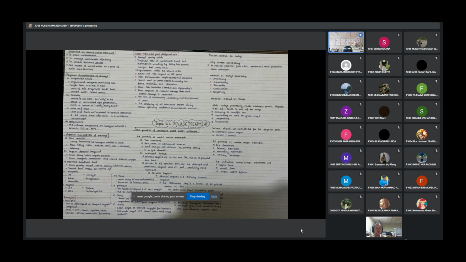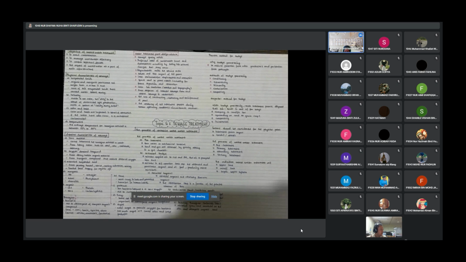And then kita akan jumpa water treatment plant design criteria. So the process of centralized wastewater treatment. So dalam proses wastewater treatment ni ada pre-treatment, ada activated sludge, ada aerated lagoons, ada stabilization pond and oxidation pond. Seterusnya process method for sludge. Why sludge processing?